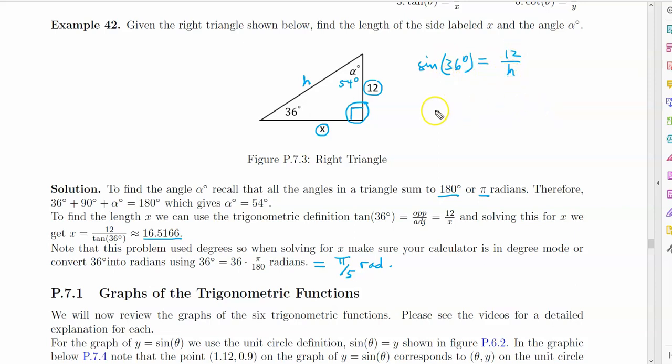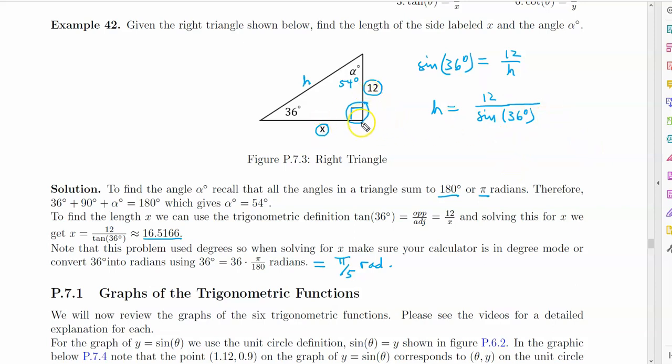And then solving this for h, we get h is 12 over the sine of 36 degrees. And then you can just evaluate this on your calculator.